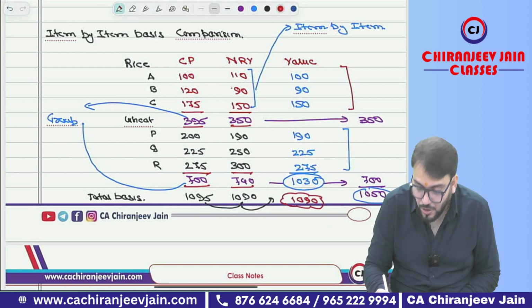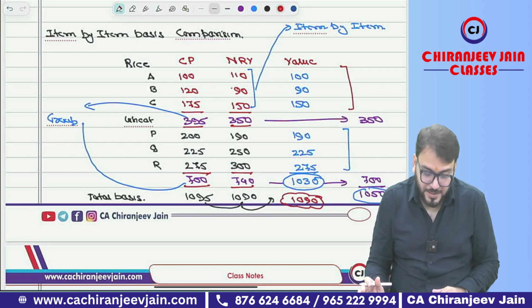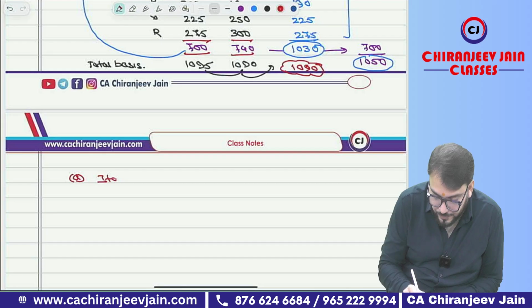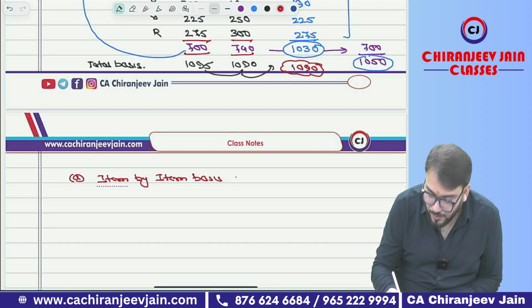1090. Got this point? If I say item by item basis, your answer is what? 1030.